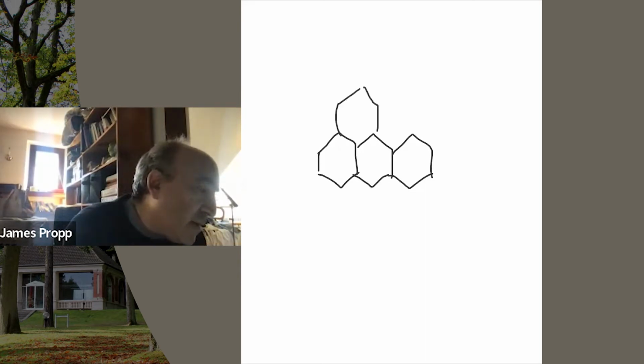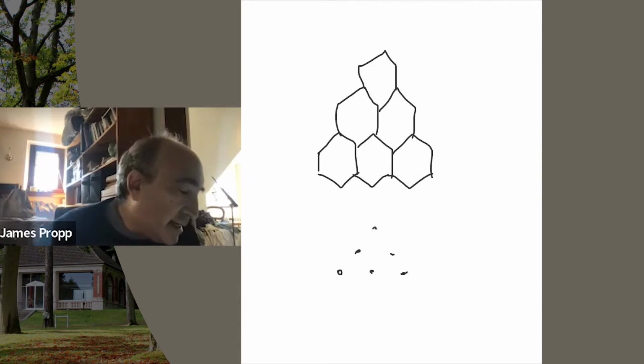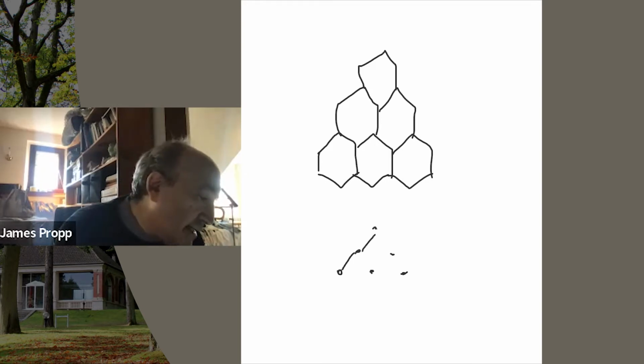The game we're playing now is we're actually going to tile these regions using shapes made out of 3 hexagons. So if I replace each hexagon by a dot, and I draw an edge joining the dots representing 2 adjacent hexagons, I get a picture that looks like this.